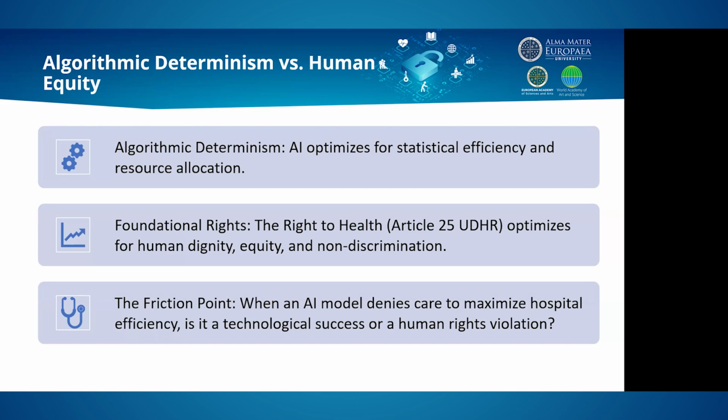And machines, unfortunately, don't have empathy. They just do the math. When we allow algorithmic determinism to dictate who gets the hospital bed and who doesn't, we aren't just facing a technological glitch. We are facing a fundamental human right violation. And the question is, how do we prevent machine logic from overriding human fairness?